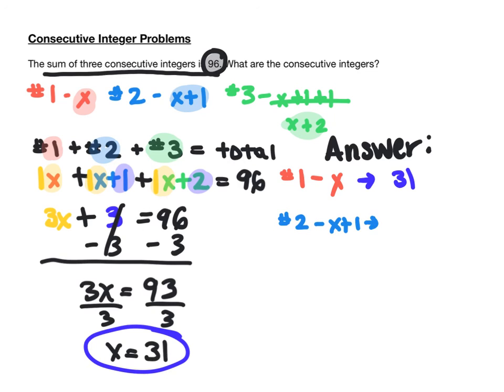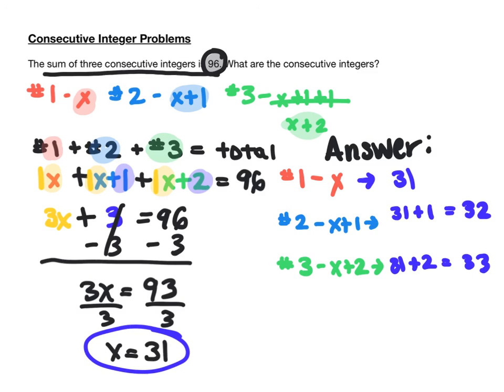So this means that I really have 31 plus 1, which equals 32. And my last number is really x plus 2. So this means I really have 31 plus 2, which gives you 33. So this means that looking at it, our answer is 31, 32, and 33.